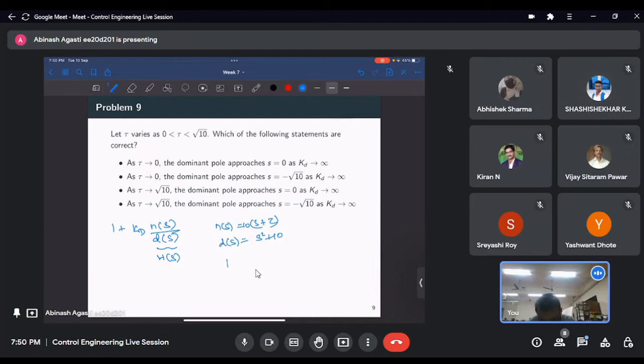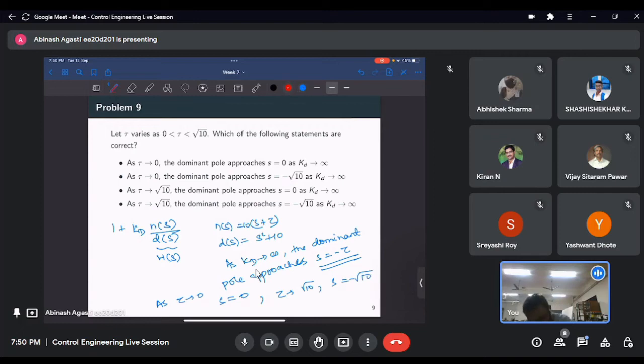So as kd goes to infinity, the dominant pole approaches the zero, that is s is equal to minus tau, and as tau goes to 0, that will be s is equal to 0, and as tau goes to root 10, that will be s is equal to minus root 10. So as tau goes to 0, this is one option, and as tau goes to root 10, this is the other option. Is this clear to everyone?